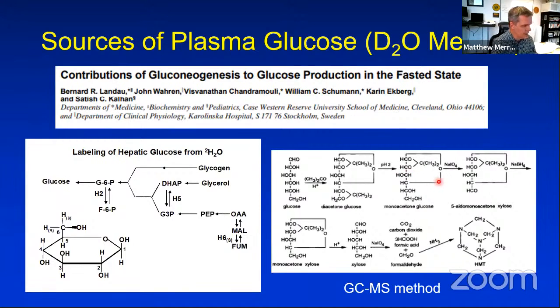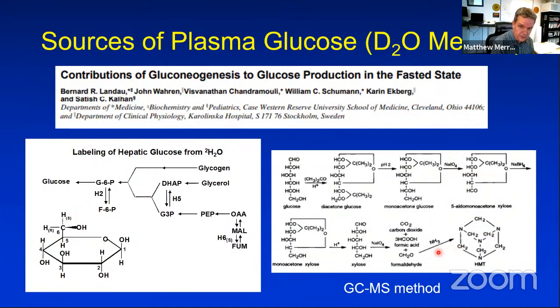And the way that Dr. Landau initially proposed doing this was going through a derivatization procedure, making the diacetone glucose, monoacetone glucose, but then ultimately it came down to a carbon by carbon degradation. This is a brilliant way to do this because once you get the CH or CD groups out from the carbon by carbon degradation and make this HMT derivative, there are 6 different carbons inside this derivative.